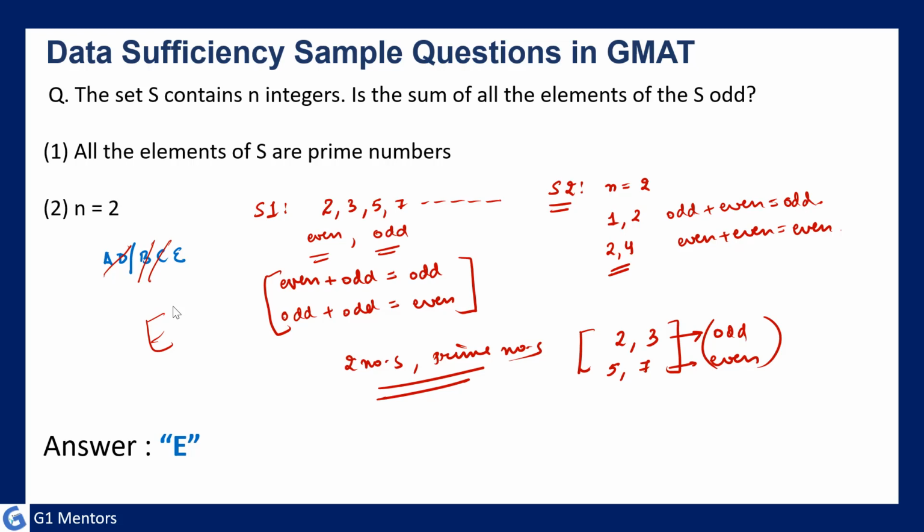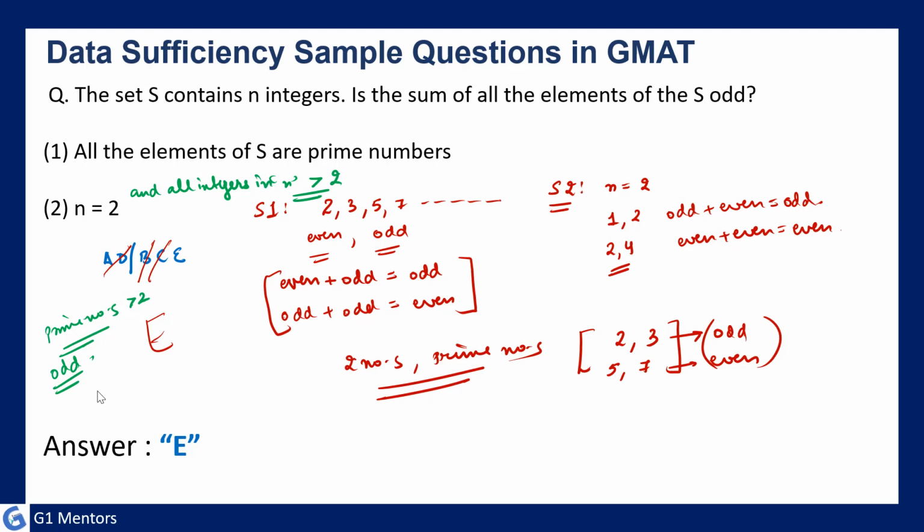Let's see a variation of this question. If the question said n is equal to 2 and all integers in S are greater than 2, that means when we combine the two statements, there are prime numbers greater than 2, which we know are always odd.